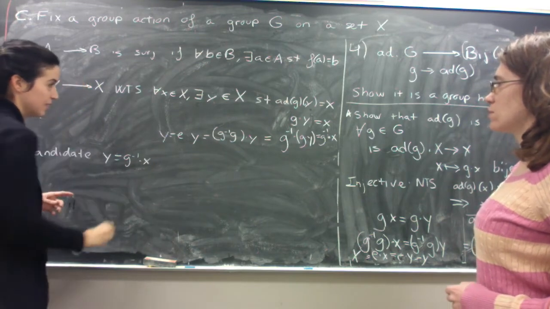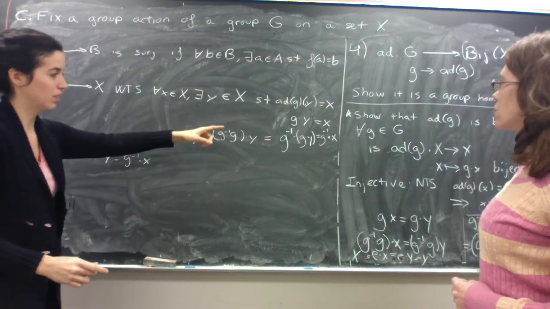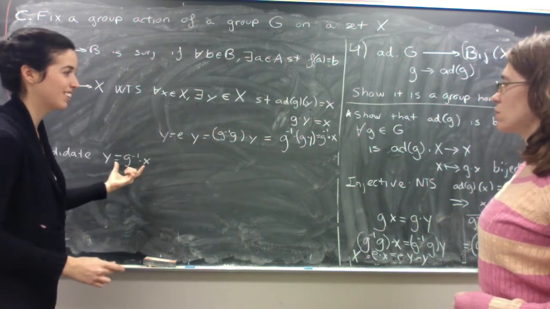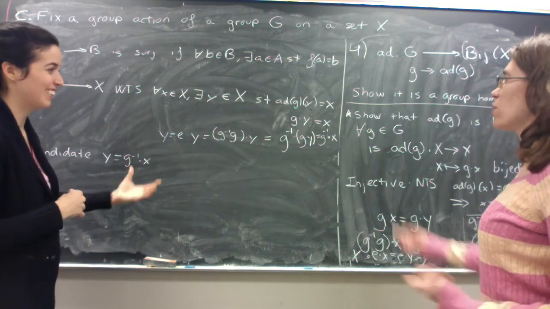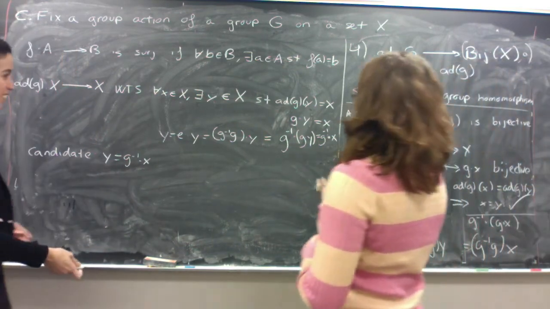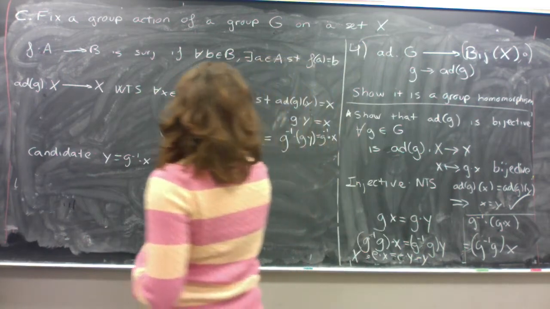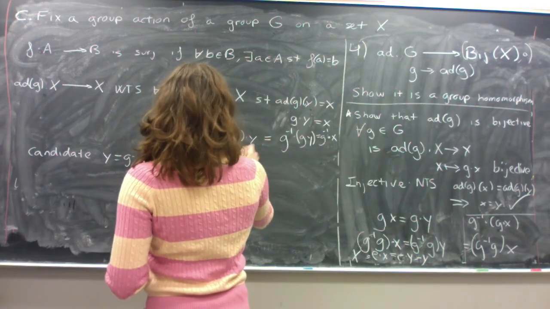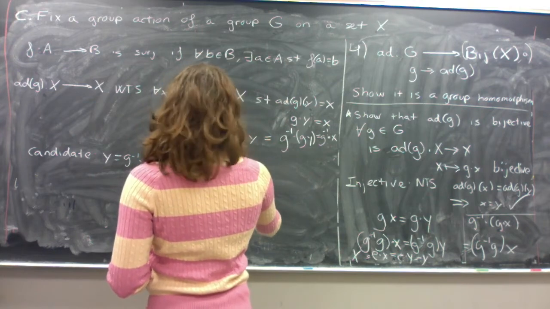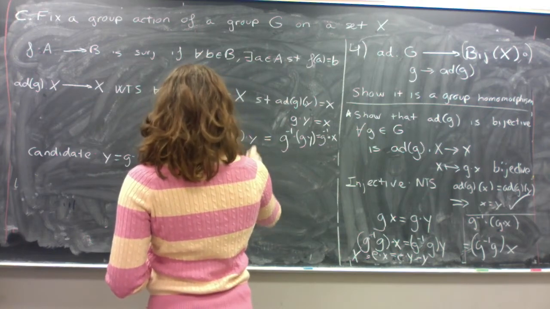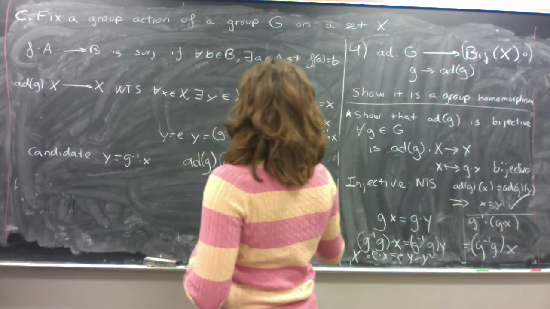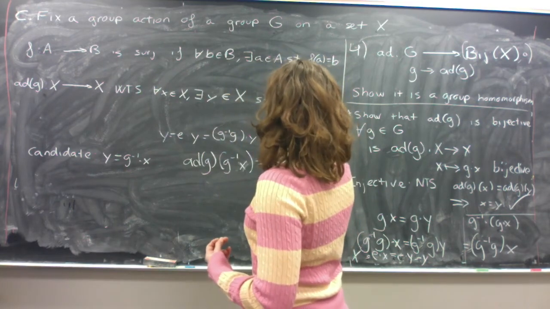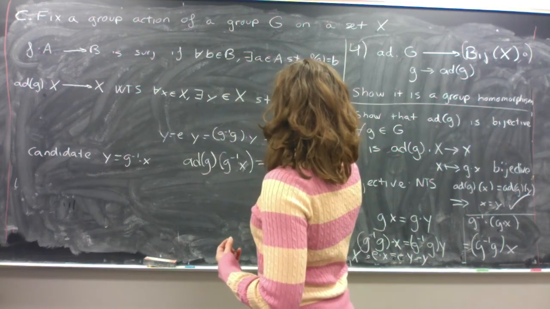If y exists, I guess we've shown that it would have to be it. I guess so. But why don't we check that it works? If we take add g of g inverse x, that is g dot g inverse x.